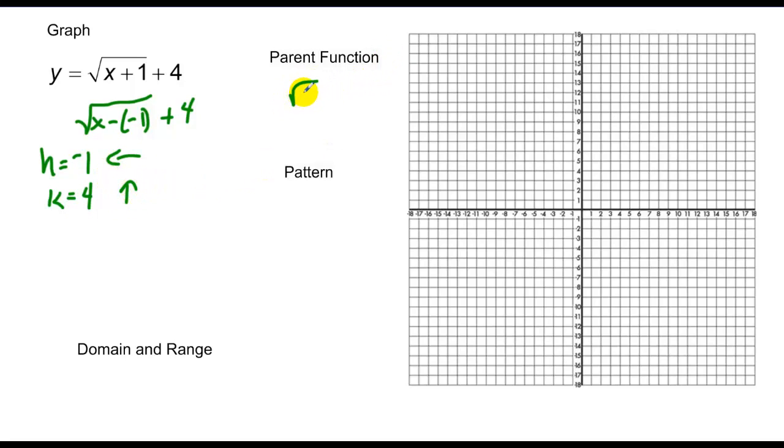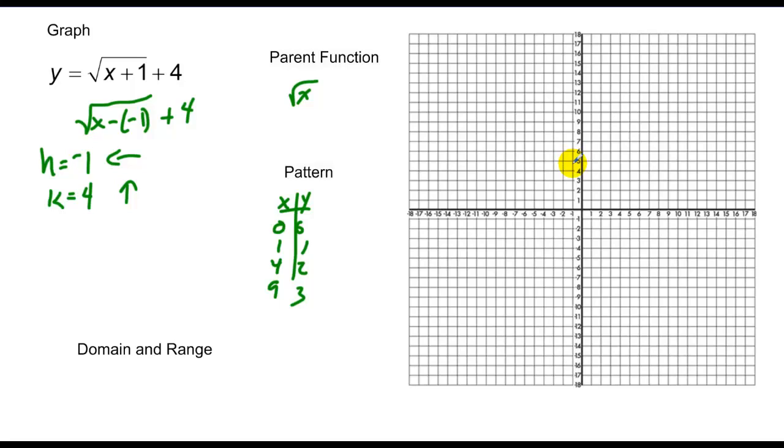Parent function is root of x. Pattern. Remember, the only thing that changes the pattern is the a and the b values. So 0, 0, 1, 1, 4, 2, 9, 3. We're going to do all that from our translated origin, which is back 1 and up 1, 2, 3, 4.